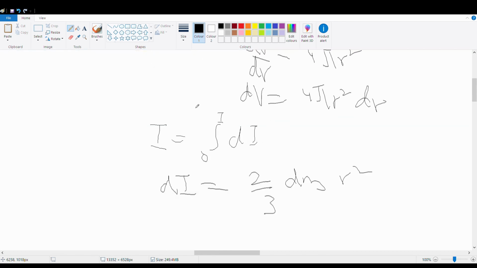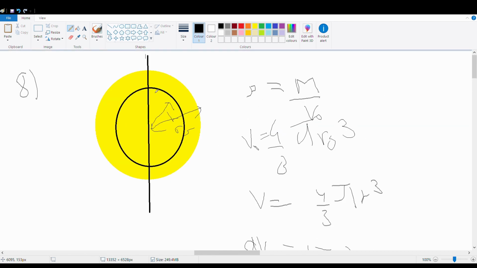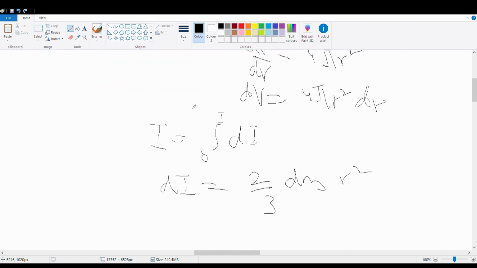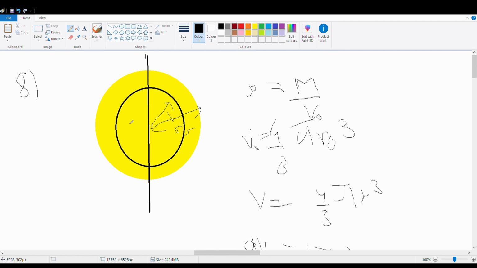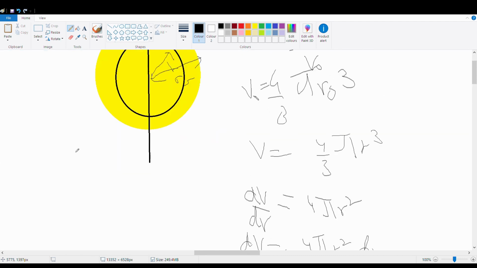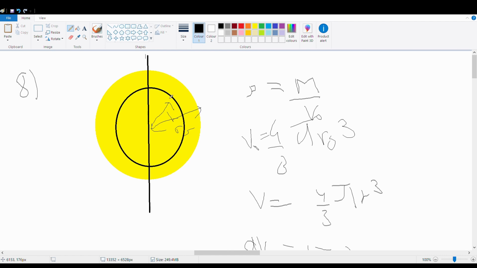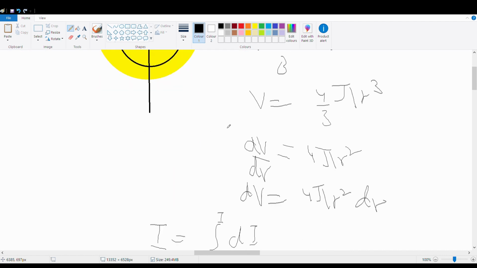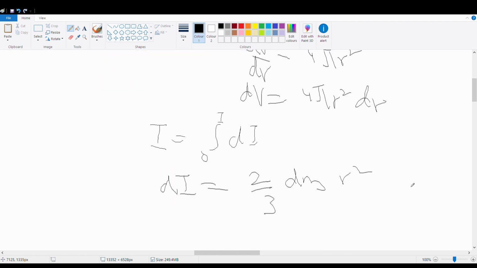It is simply because we are dealing with shells here, not point masses. The moment of inertia of a shell is 2 by 3 m r square, which we derived earlier. So we consider this shell having a mass dm, and its moment of inertia is 2 by 3 dm r square.